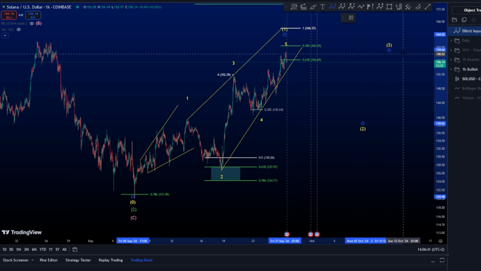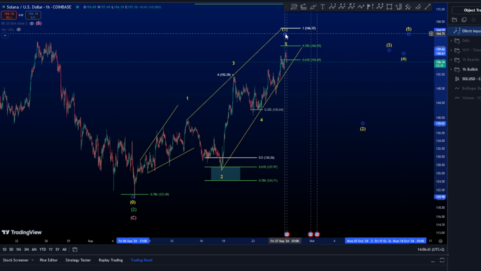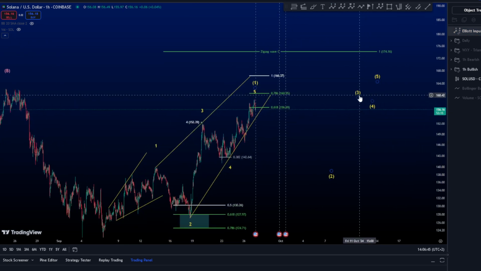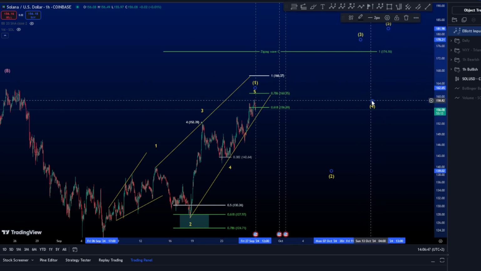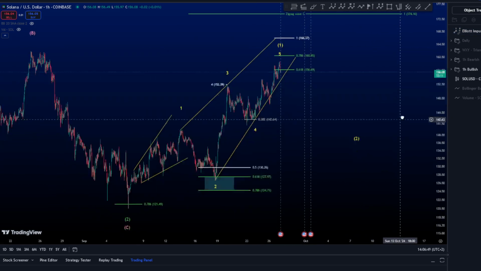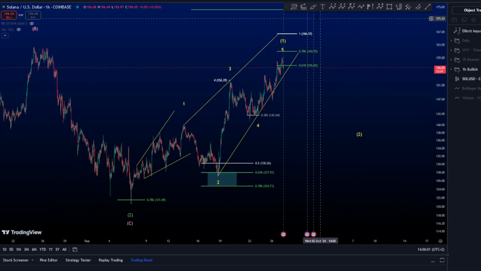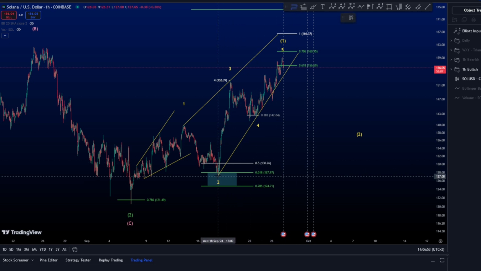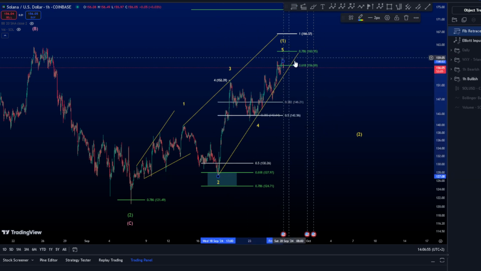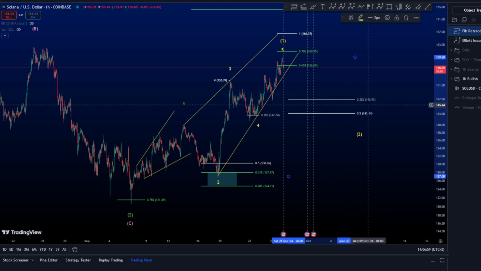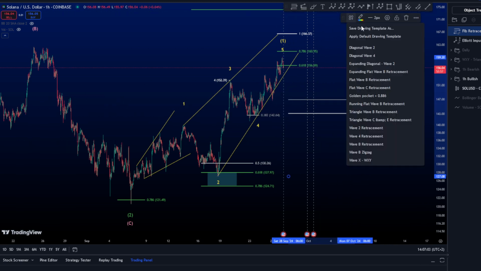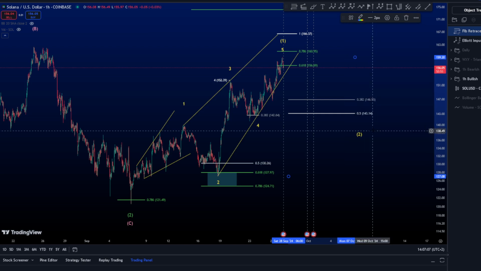1, 2, 3, 4, 5 in the yellow count. Okay, and to see, of course, later on where the 3 and 4 to be projected after having our wave 2. Let's check our wave 2 then. If we want to see a wave 2, it is preferable that we hit the minimum required level, which is the 0.38 level, where we can see exactly here all the wave 2 fib levels.